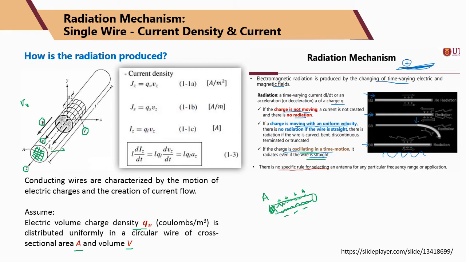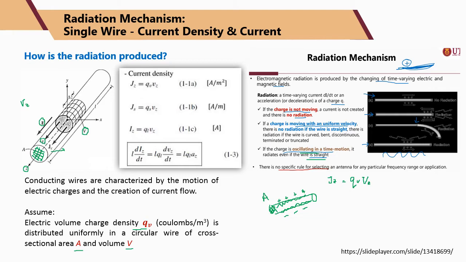Okay, so mathematically we can represent the current density in the Z direction, Jz, as equal to Qv, the volume charge density, multiplied by Vz, small letter v, z, the velocity.